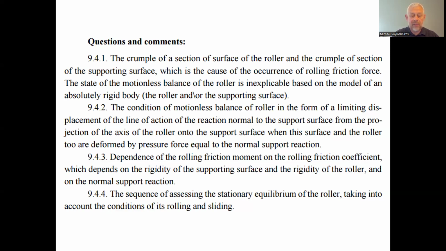9.4.4, the sequence of assessing the stationary equilibrium of a roller taking into account the conditions of its rolling and sliding. We have to consider the conditions of the balance of the forces, projections on the coordinate axes, and the balance of the moments. For the flat state, the moment is a scalar magnitude.